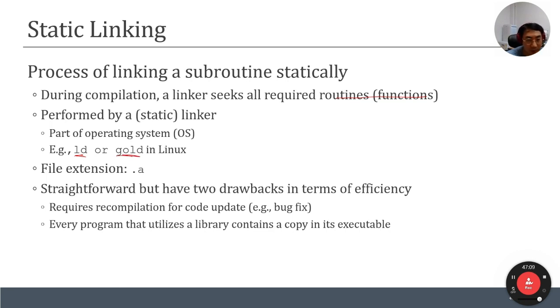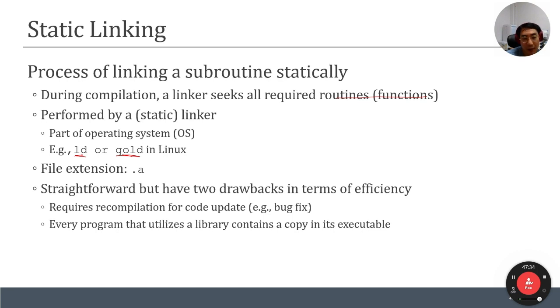They are the same, but gold supports parallel linking. And as I said, the file extension is .a in common. Static linking is straightforward, but we have two drawbacks in terms of efficiency.